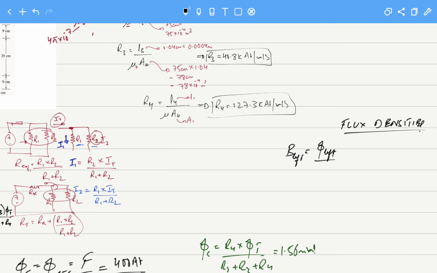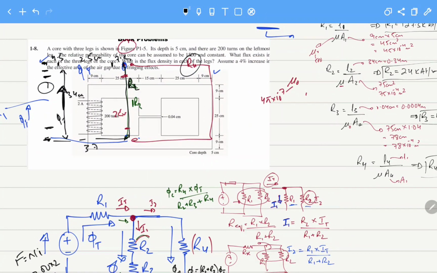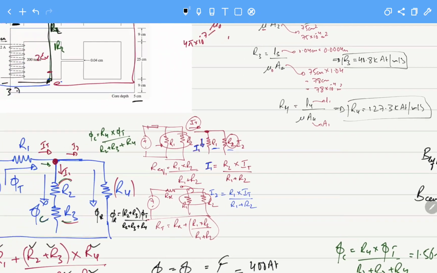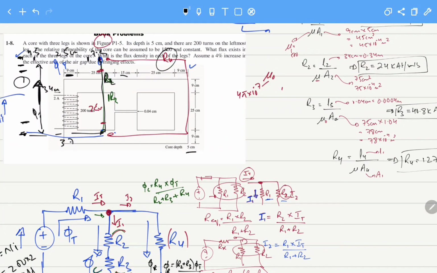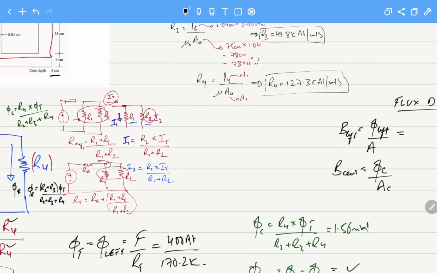How do you calculate the area? On the left side it is 9 centimeter into 5 centimeter, that is 45 square centimeters. Similarly, in the center you have flux center divided by the area of the center. It is 15 centimeter into 5, the area of cross section.